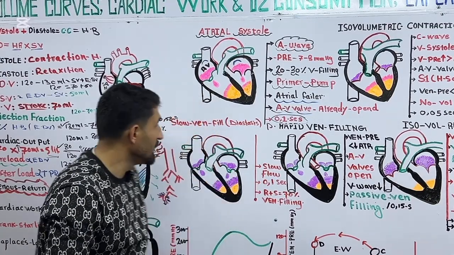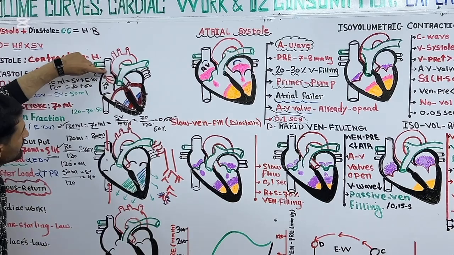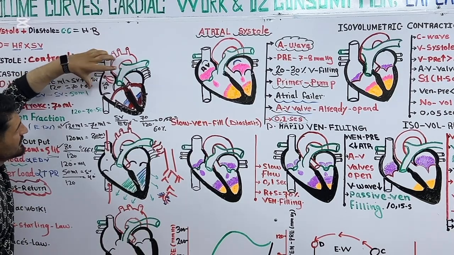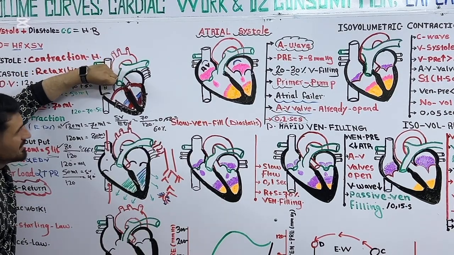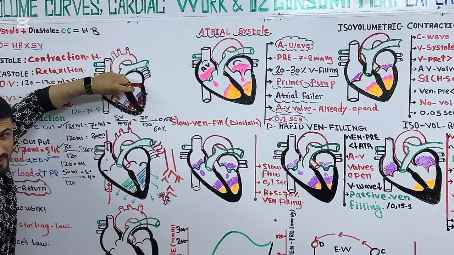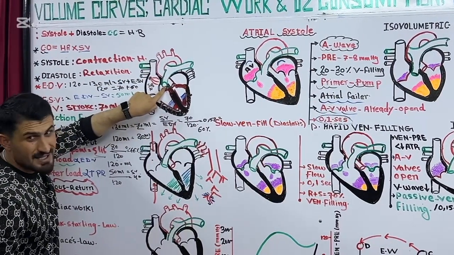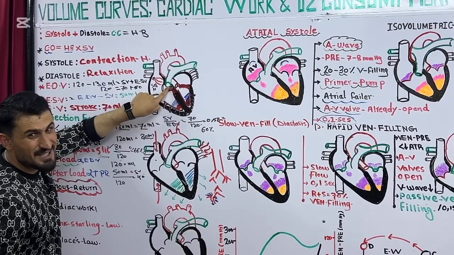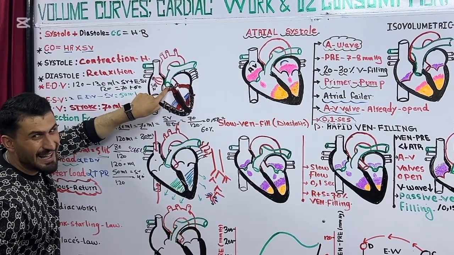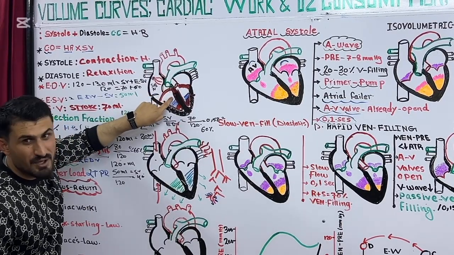Got it? Now, come here. SA node fires to make atria contract. They pump blood to the ventricles. Now, the time will reach that electricity or resting membrane potential passes from the AV node to the ventricles.